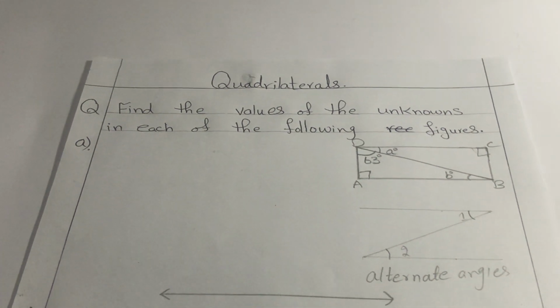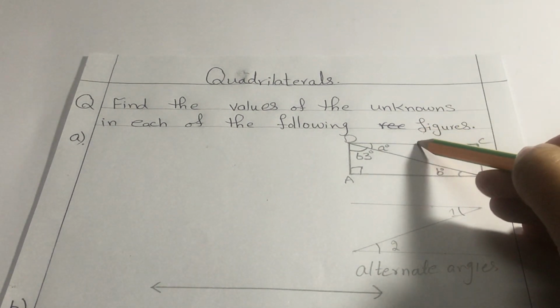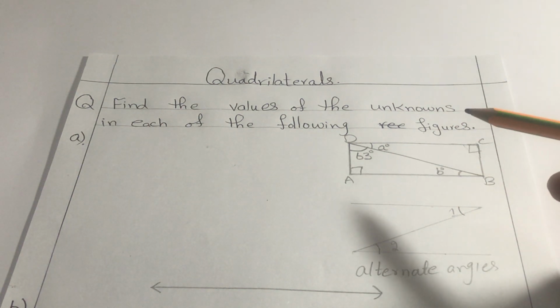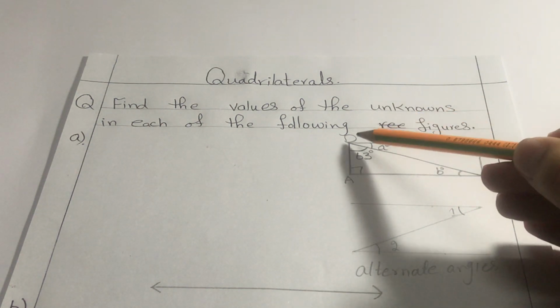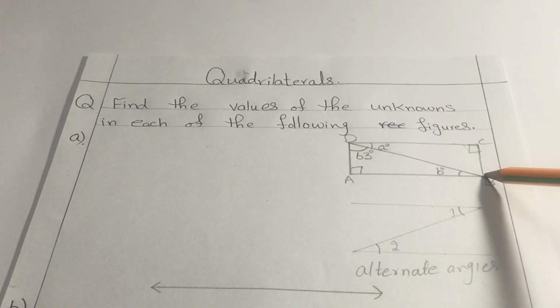Right? Similarly, you can see you have 1 and 2 parallel lines in the rectangle, and the opposite corners of these 2 lines are matched with a straight line.